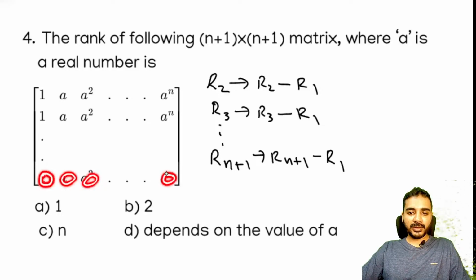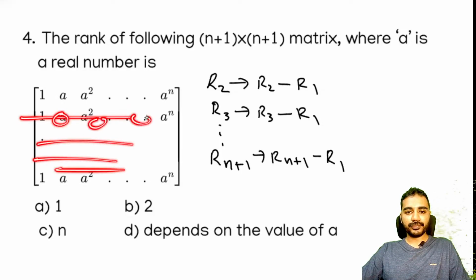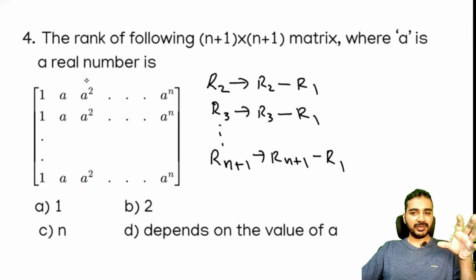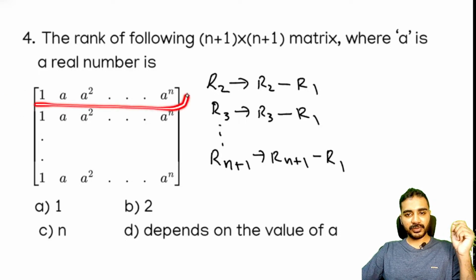All these other rows except this first row become 0. So ultimately, this is reduced into a row echelon form, where the only non-zero row existing will be this first row only.